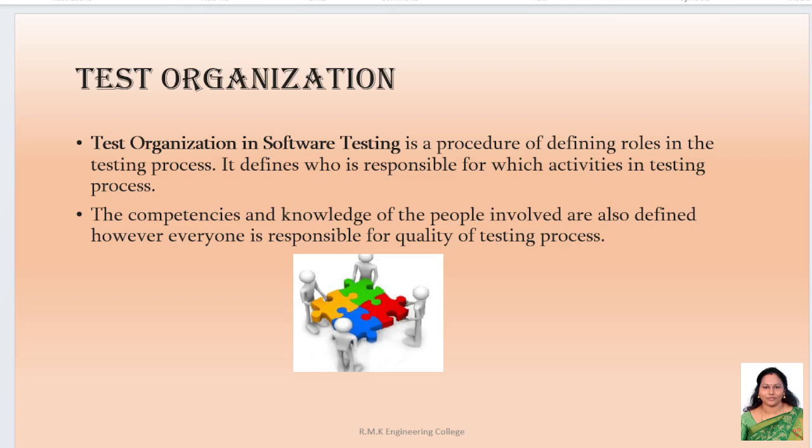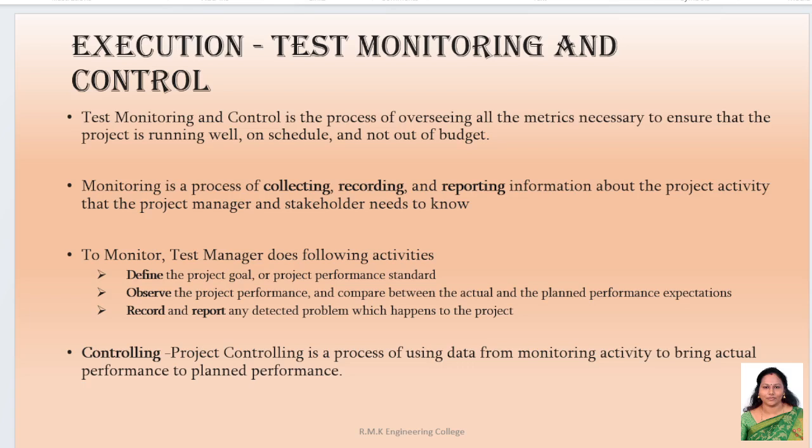So this is the first stage of the test process, and your second stage is execution. In execution, the first topic is test monitoring and control. That is for when your project runs out of resources or exceeds the time schedule. In such cases we use test monitoring and control.